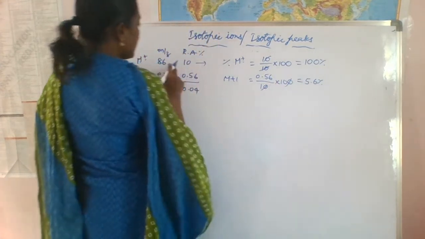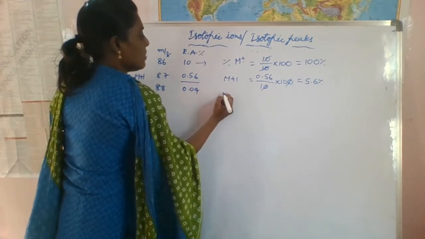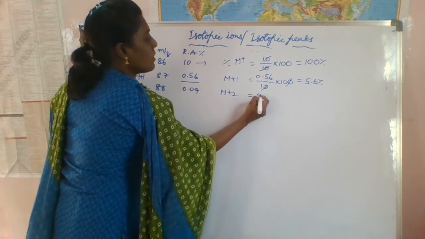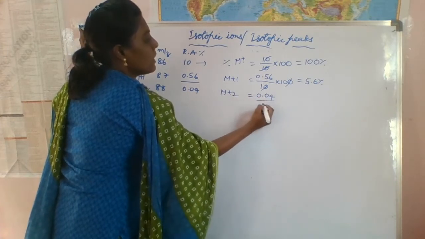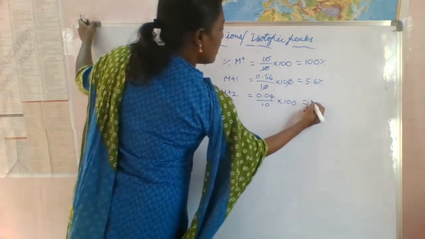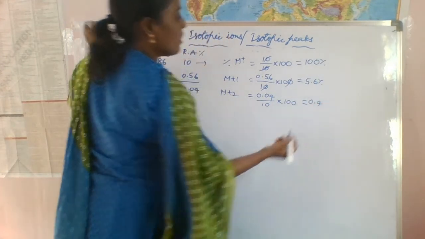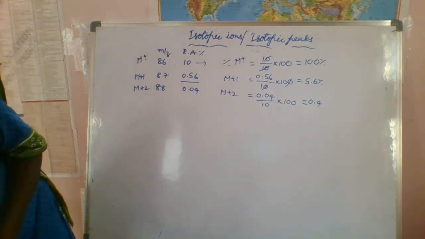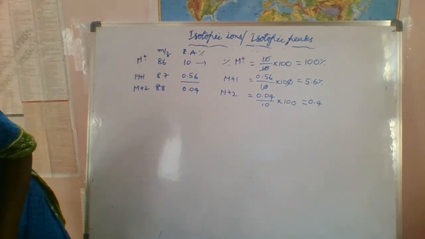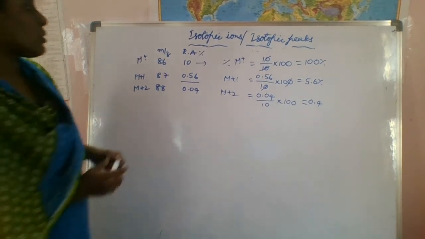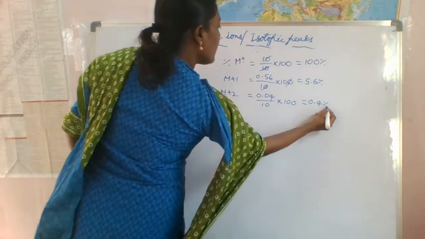Next M plus 2: 0.04 by 10 into 100, it is about 0.4.